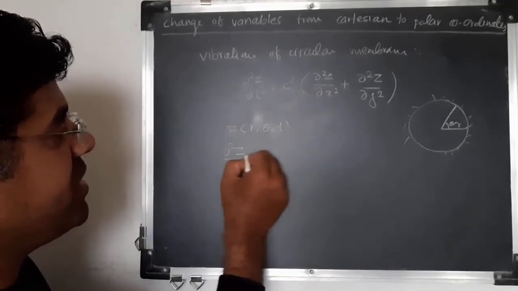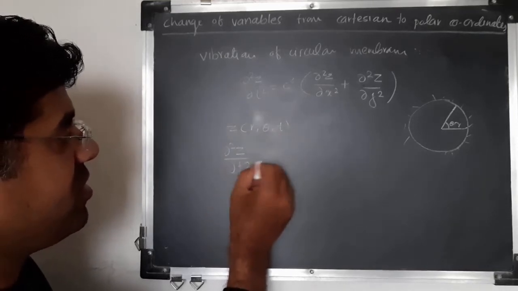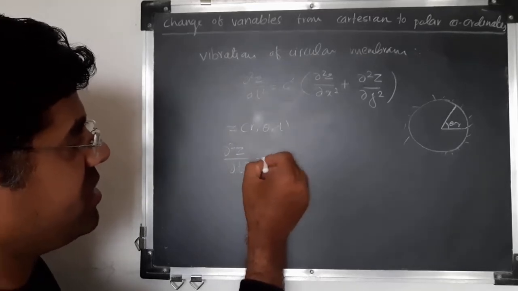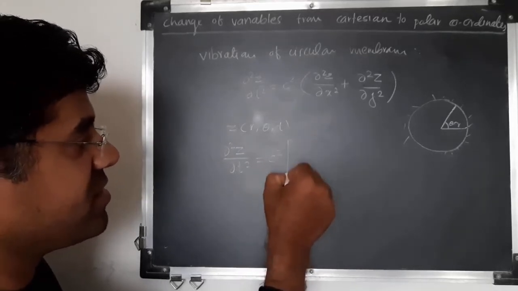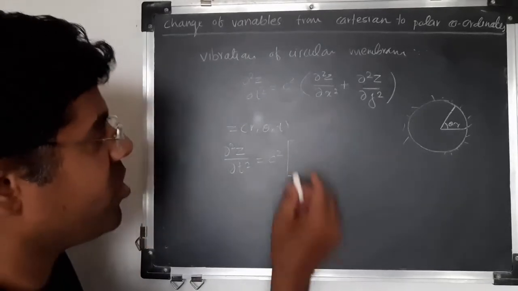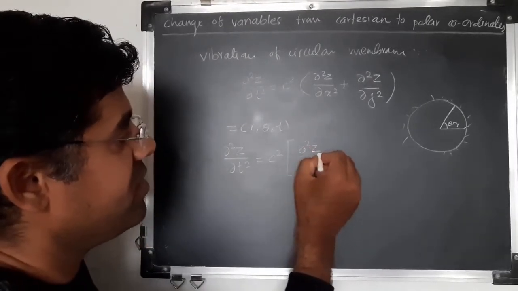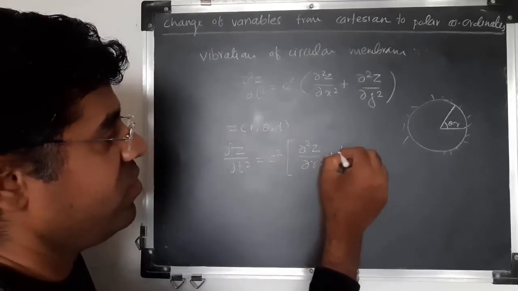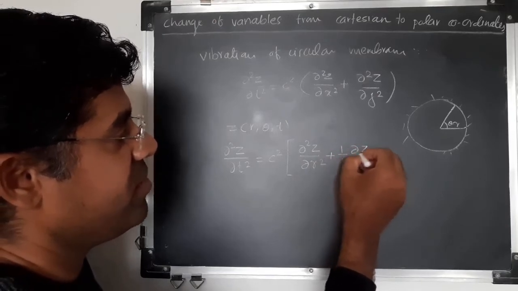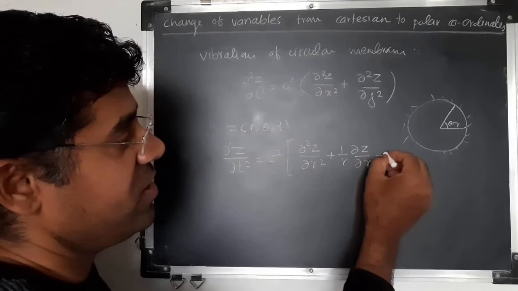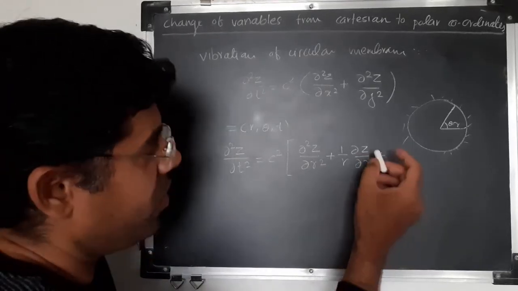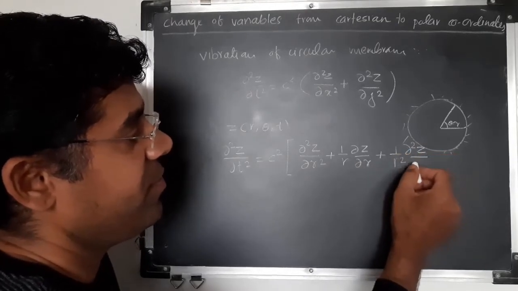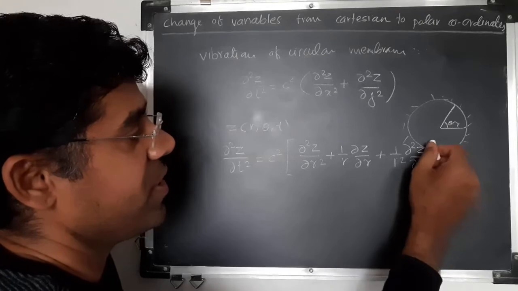In that case I will get the solution for this particular equation. I will not go into the details of this part. So delta 2 z by delta t square equals c square as it is, times delta 2 z by delta r square, plus 1 over r delta z by delta r, plus 1 over r square delta 2 z by delta theta square.